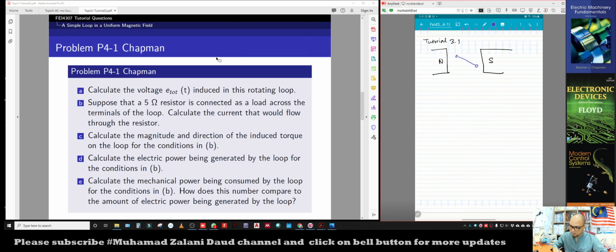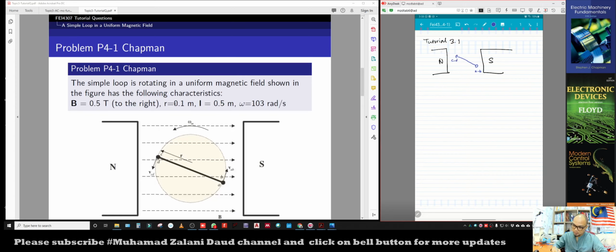Let's say the right hand side is the AB segment, the left hand side is the CD segment. This wire loop is in a uniform magnetic field, and the direction of the magnetic field is from left to right. Let me just roughly put it like that.